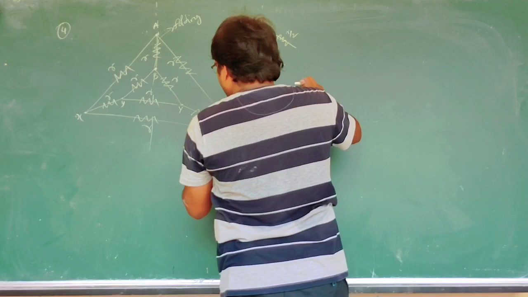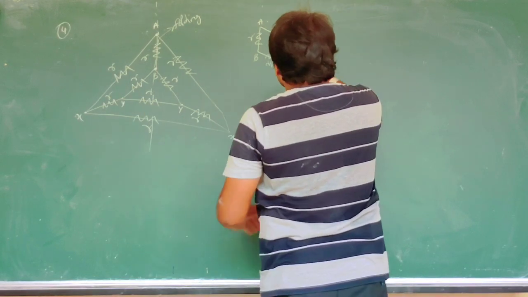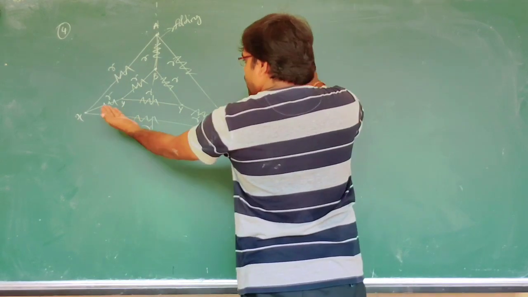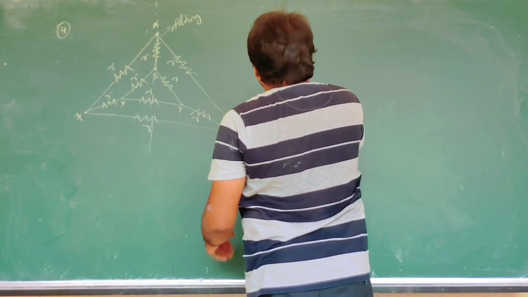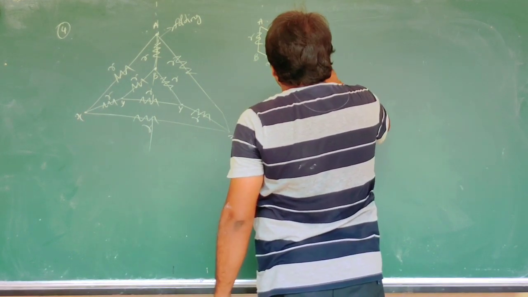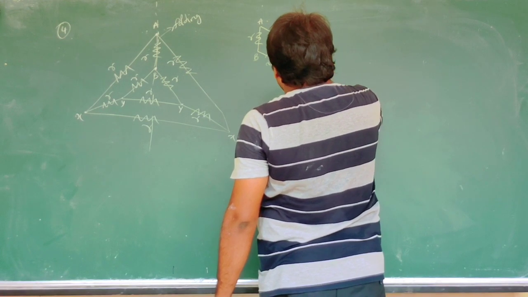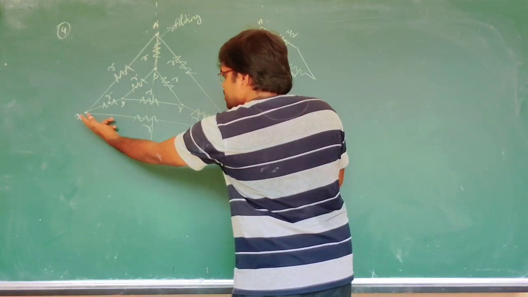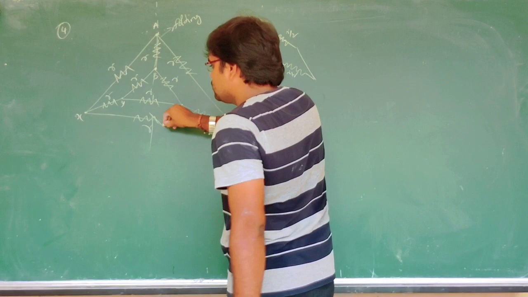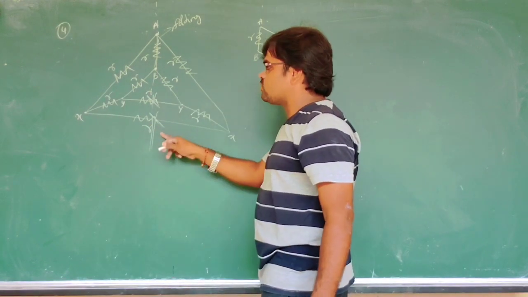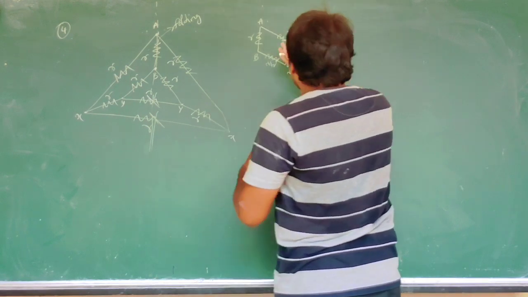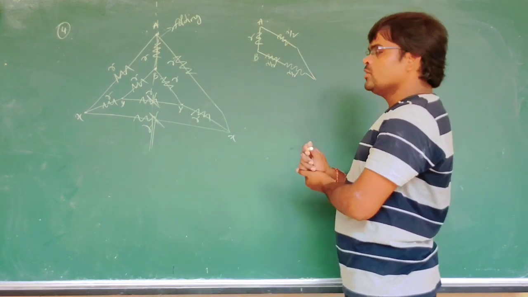Now XY, folding it. This is R by 2. Now what about this X? No current passes. No current flows in this. Why? Then now this is over.